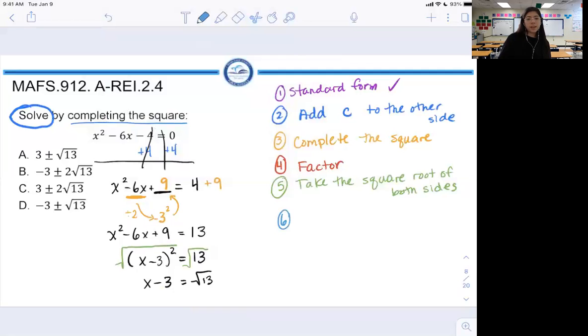Look at what you have. I need to get x all by itself. What is the only thing standing in my way of getting x all by itself? The 3. So how do I get rid of that 3?